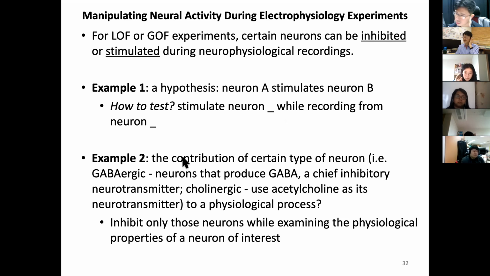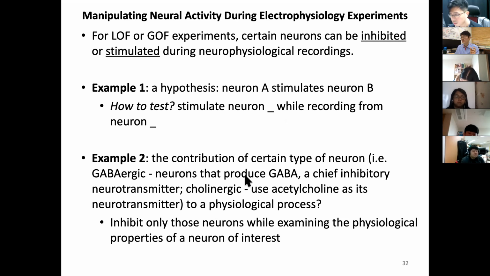Another example is the contribution of a certain type of neuron to a physiological process. For example, there's the so-called GABAergic neuron or cholinergic neuron. GABA is the chief inhibitory neurotransmitter.